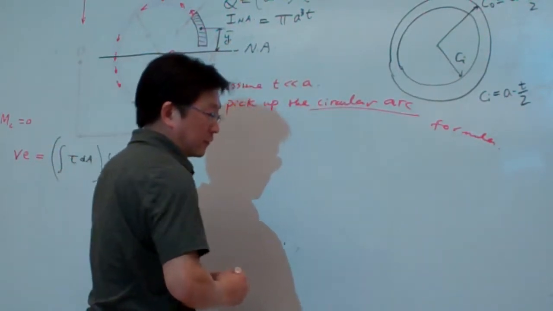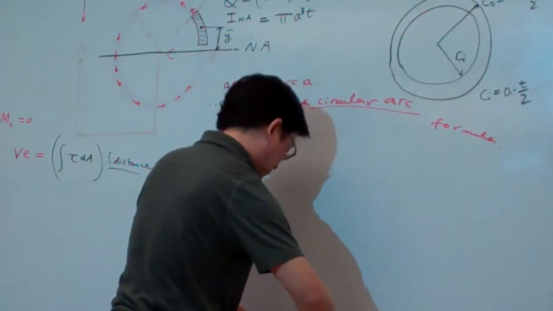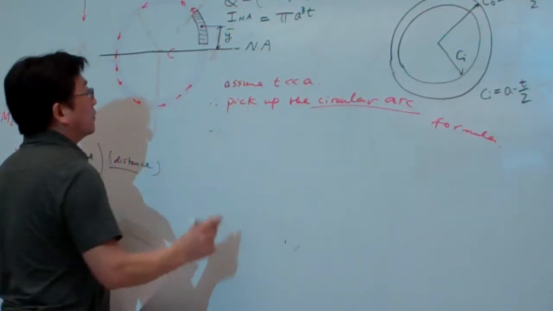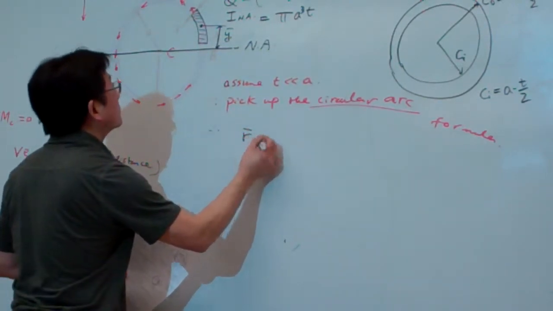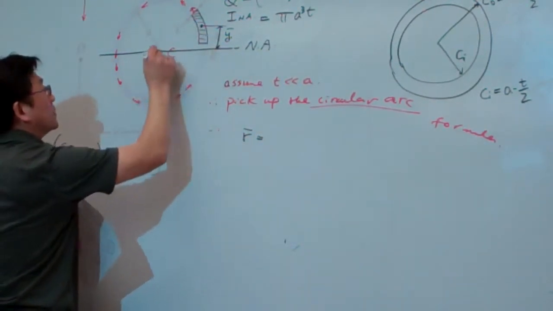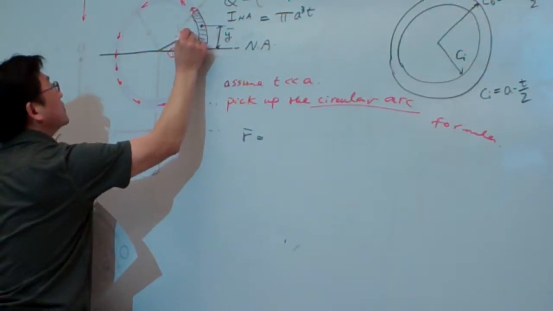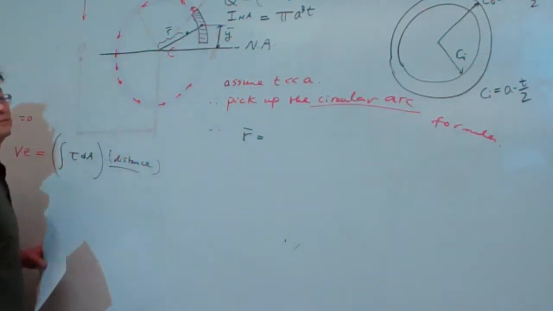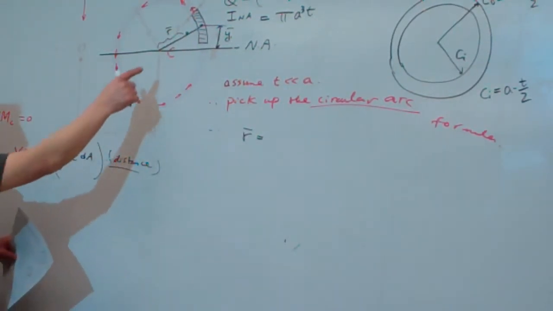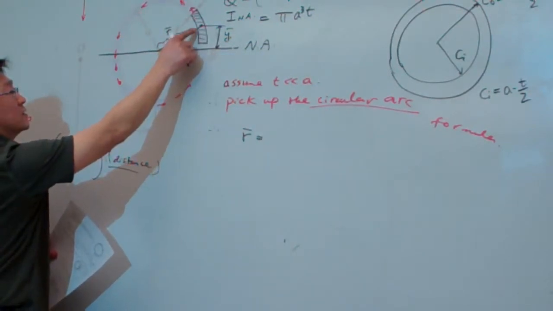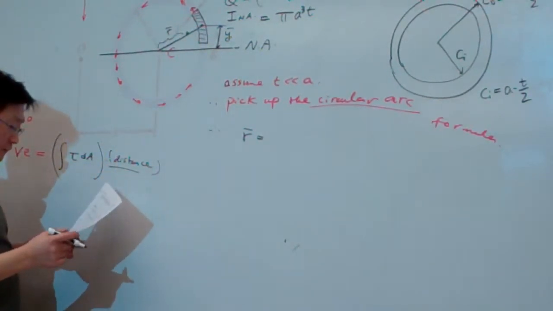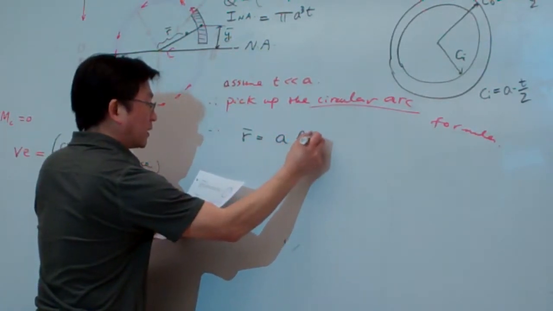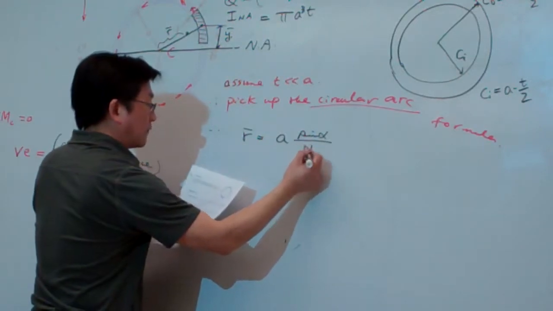For this case, simply by noting this notation here, this is the distance, and this is our r bar, right? Okay, this is a centroid of this one. So for this case, r bar is equal to A times sine alpha over alpha.